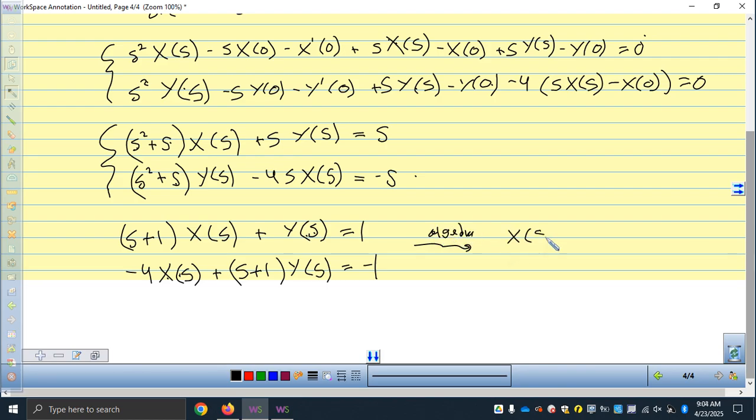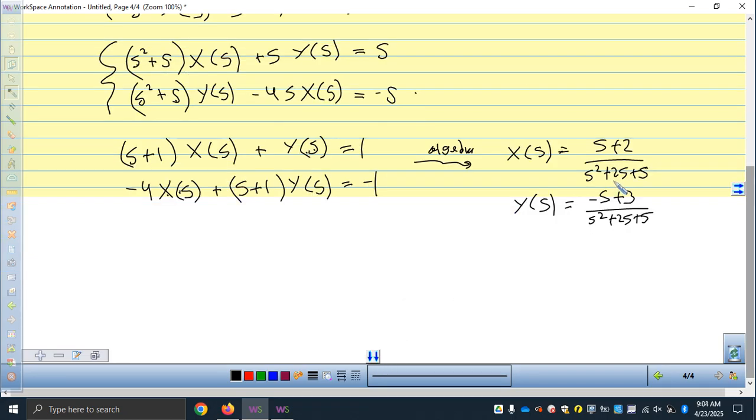And we get x of s equals s plus 2 over s squared plus 2s plus 5. And we get y of s equals negative s plus 3 over s squared plus 2s plus 5. We need some partial fractions here.